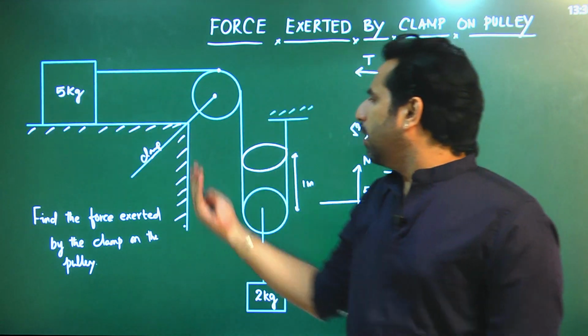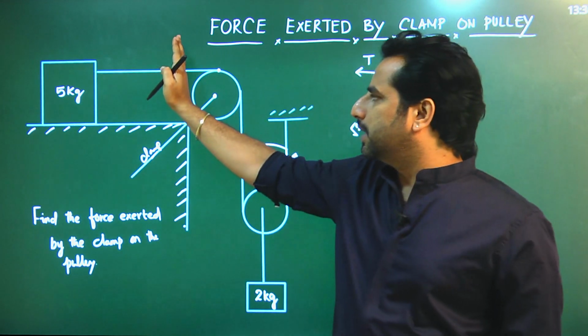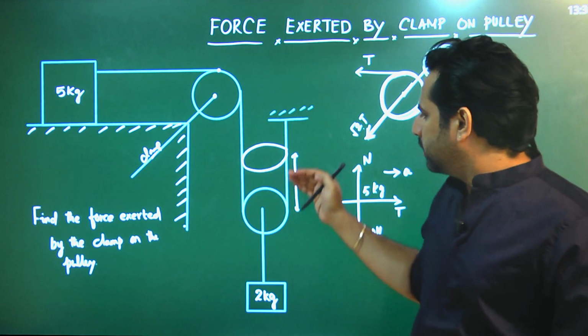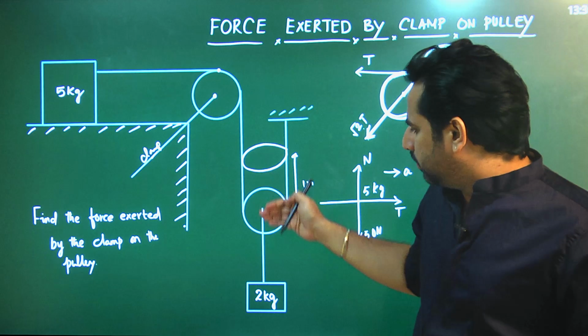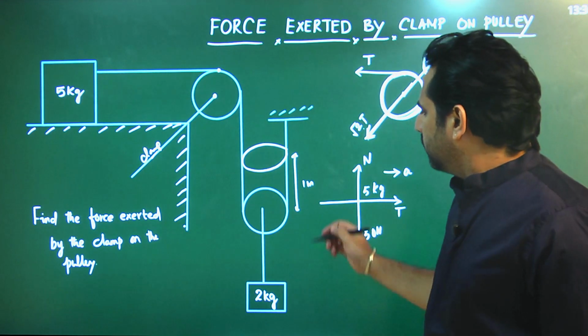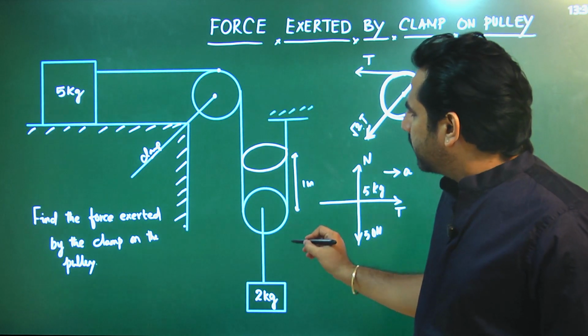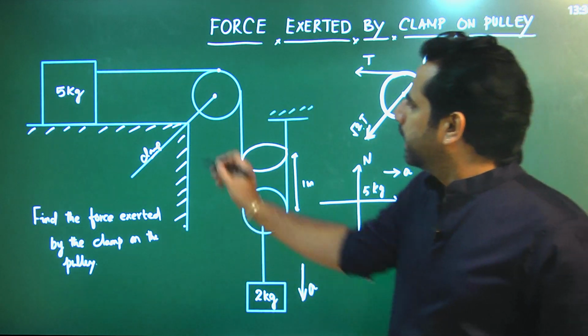In the opposite direction, if the velocity of the 5 kg block is 2 meters per second towards right, then the velocity of the 2 kg block will be 1 meter per second downwards. So if the acceleration of the 2 kg block is a down, then this would be 2a.